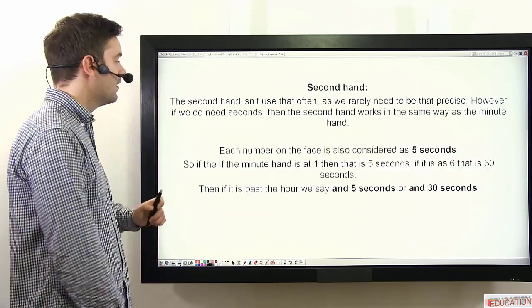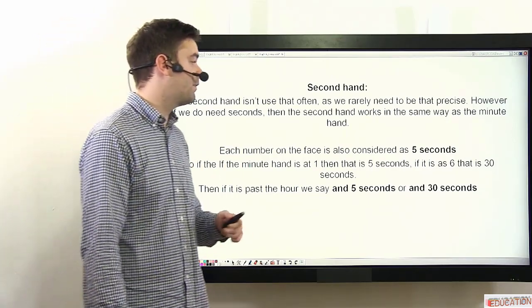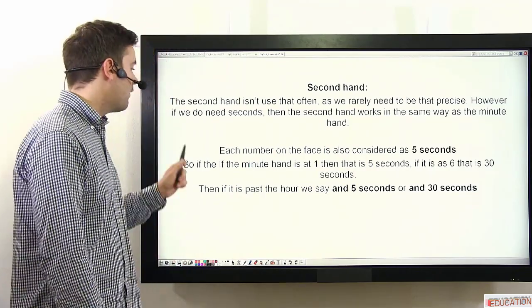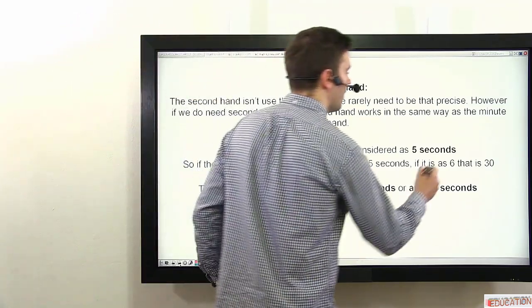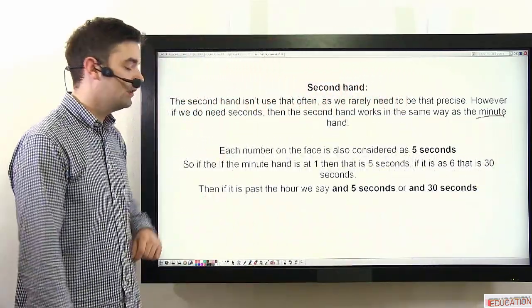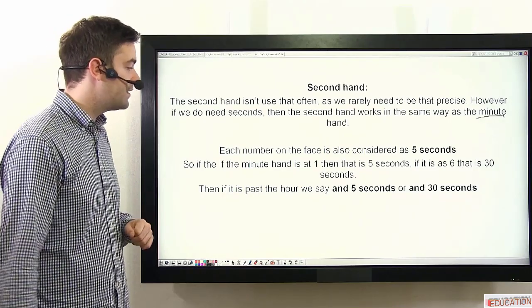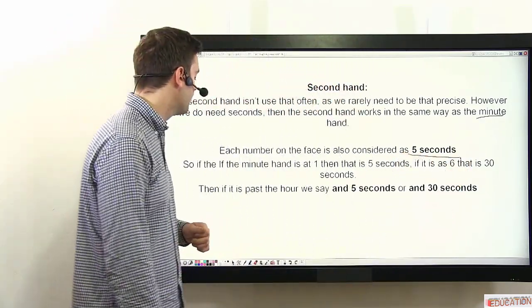With the second hand, we need to be careful because the second hand isn't used that often. However, if we do need seconds, then the second hand works the same way as the minute hand. For example, each number on the face is also considered 5 seconds.